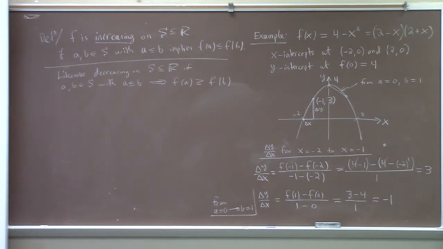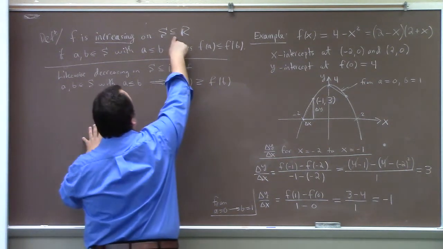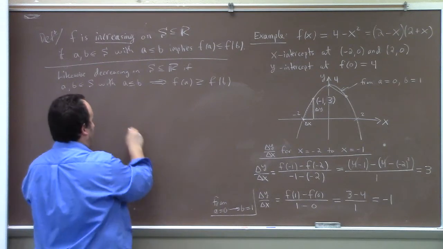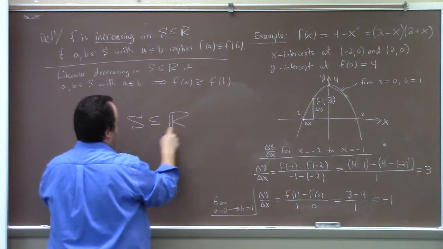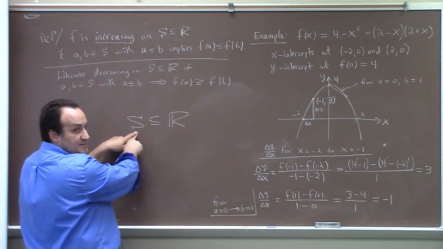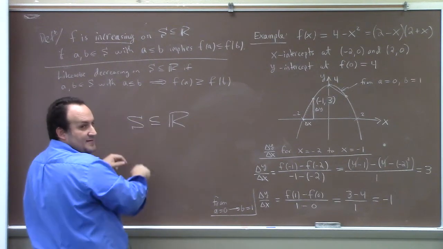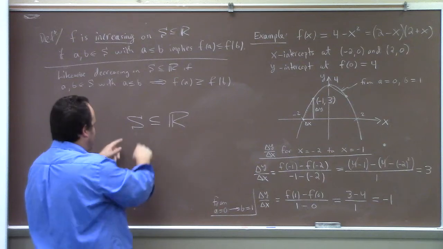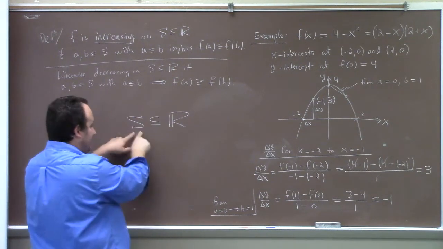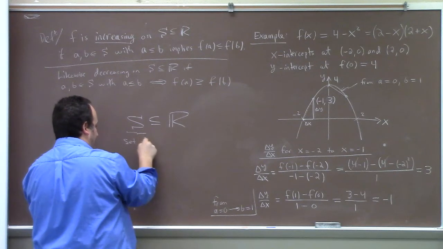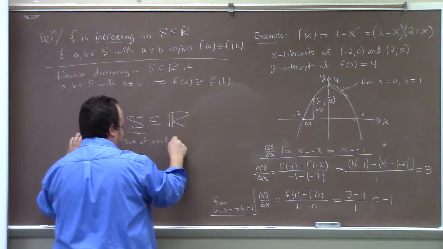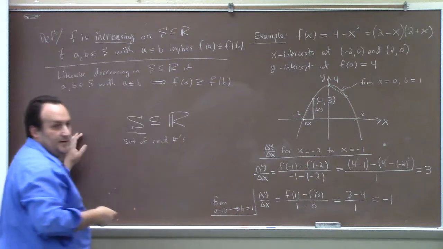Real quick, what does this mean? Subset. So this is S. What is it? Just a subset, just a set of real numbers. It could be an interval. It could be anything.